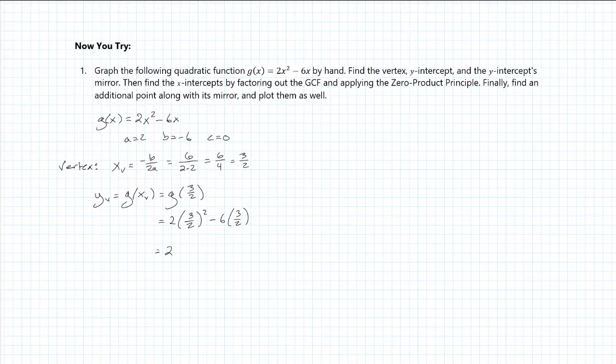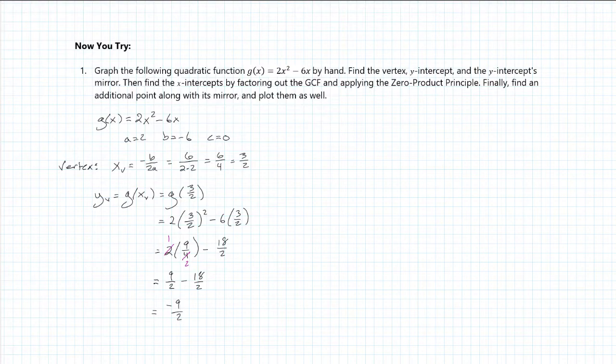Go ahead and square 3/2 first to get 9 over 4, and then minus 18 over 2. That 2 times 9 over 4, I can reduce the 2 and the 4 to a 1 and a 2. So this becomes 9 over 2 minus 18 over 2 equals negative 9/2.